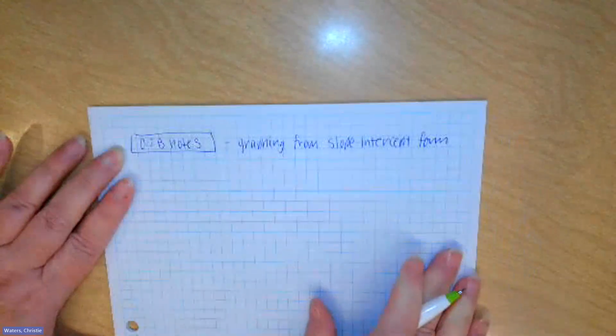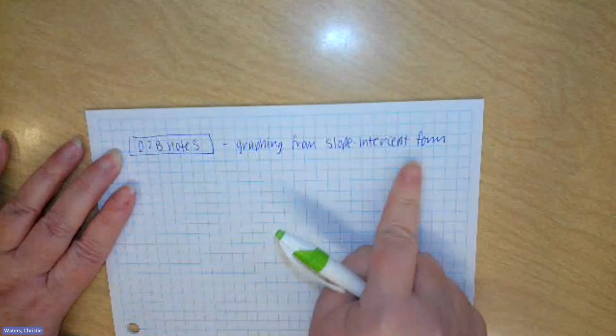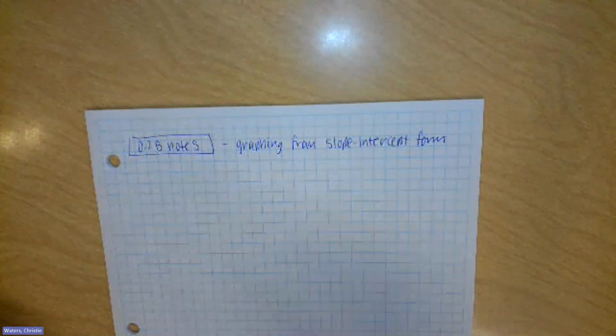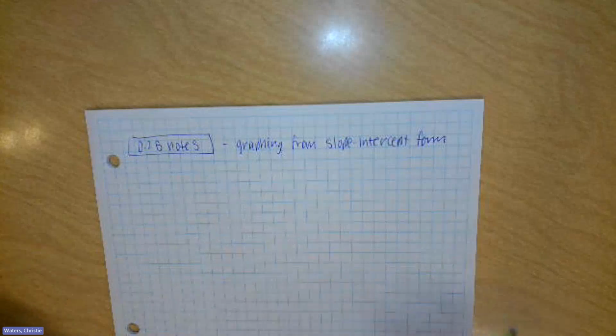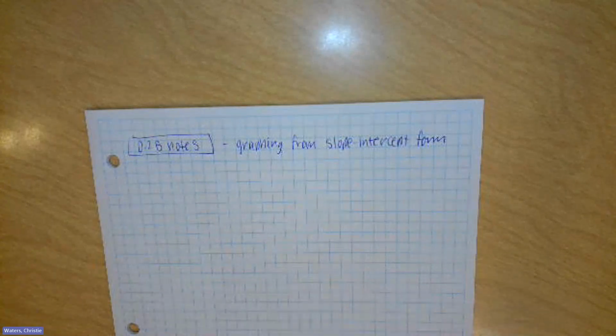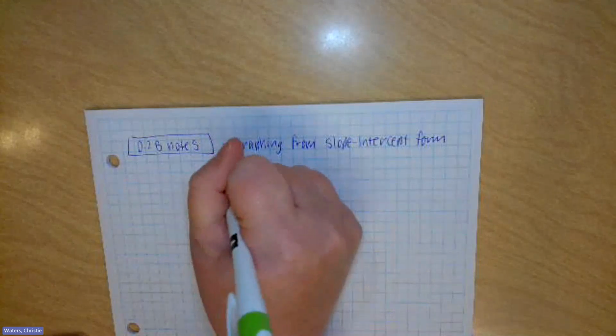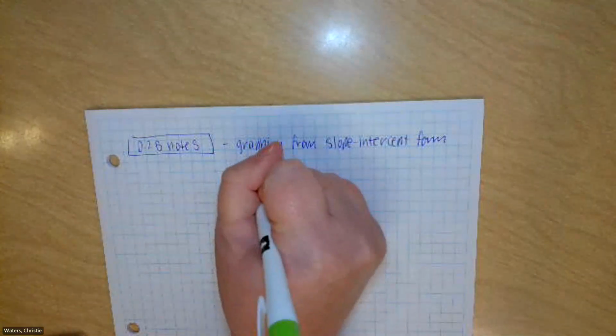All right. So it's important to say that it's from slope-intercept form because there are a few different ways to write equations of lines. So I might be showing you how to graph lines in a different way in some other lesson. Now I have 3 steps to follow when you're graphing lines.